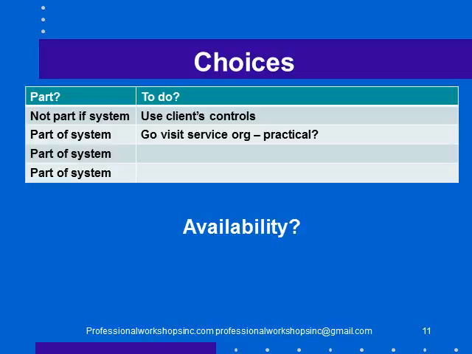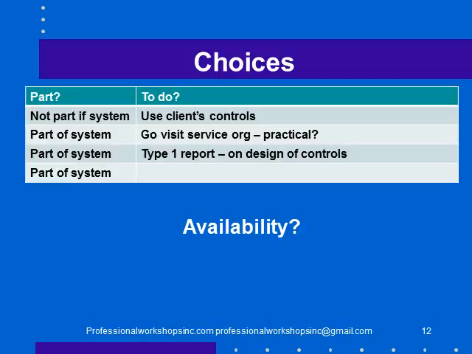So if it has become part of the system, what might we do? Well, we might go and visit the service organization, though that's probably going to be impractical, having hundreds and hundreds of auditors stomping through the service organization at year end. So that will probably not be practical.